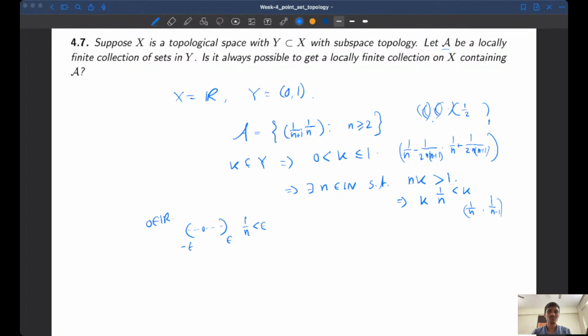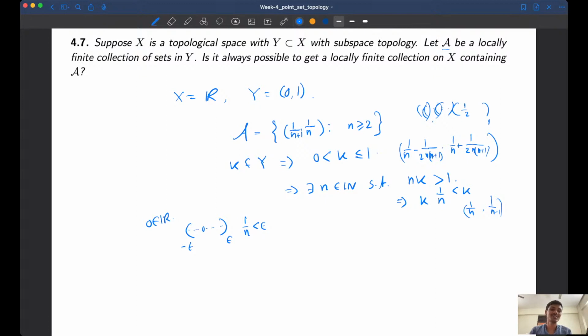Okay. So the neighborhood thing is there, not point by point. The point may lie in one thing, because 0 in this case does not lie in any of these sets, but the neighborhood thing is mainly there.